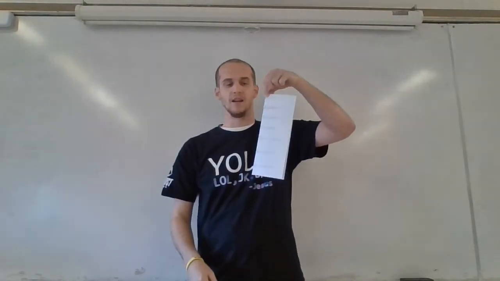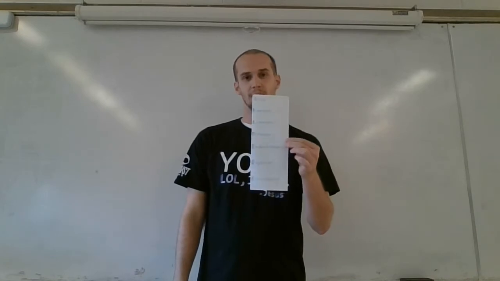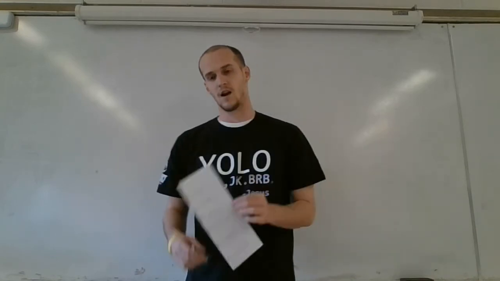The first thing I need you to do, take your piece of paper like this and fold it in half like that. And you're going to end up with 7 flaps. So if you want to go ahead and cut it, mine is not already cut, but if you want to, you're going to end up with 7 flaps like so. All right?